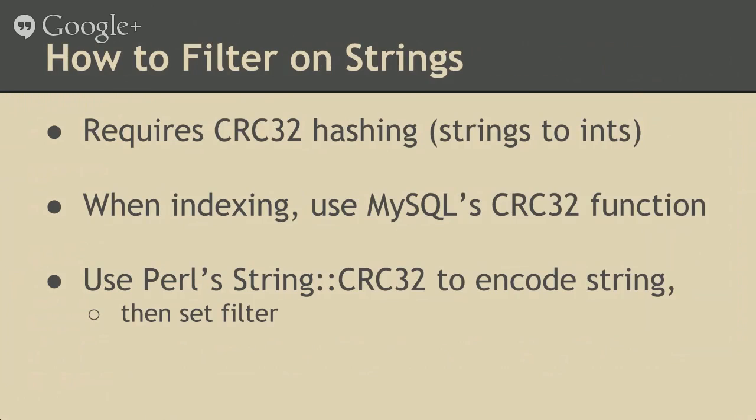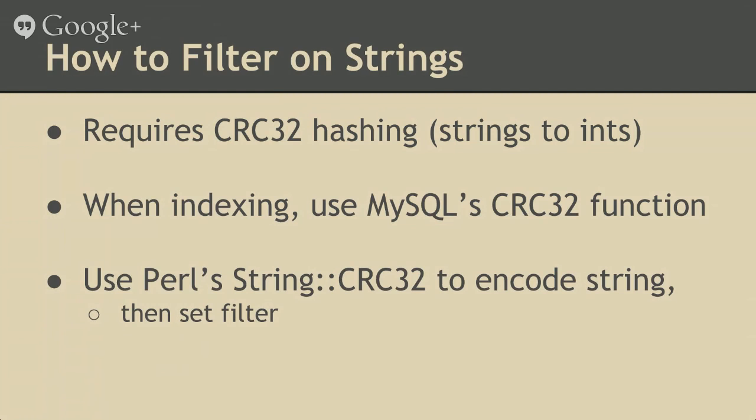I probably should learn more about it, but anyway, that's how you do it, and that's just the standard thing you do in Sphinx. It's a very common problem. I was not the first person to Google how to filter attributes by strings in Sphinx, because it auto-completed pretty quickly, and then I started seeing CRC32 everywhere.